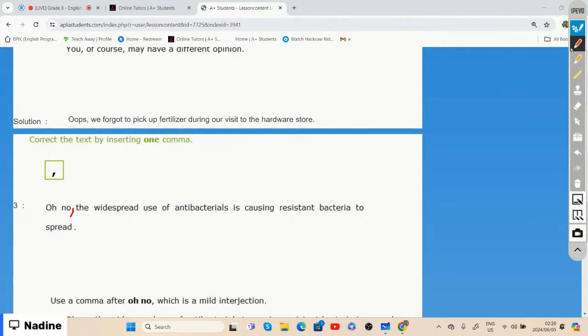So we added our one comma after the words, oh no, which is a mild interjection.